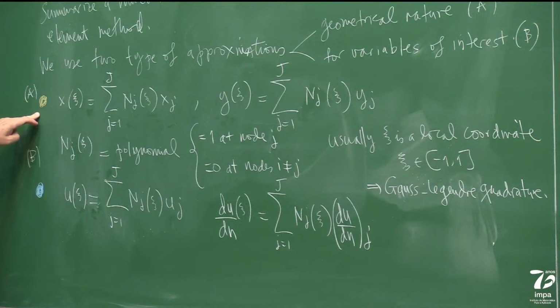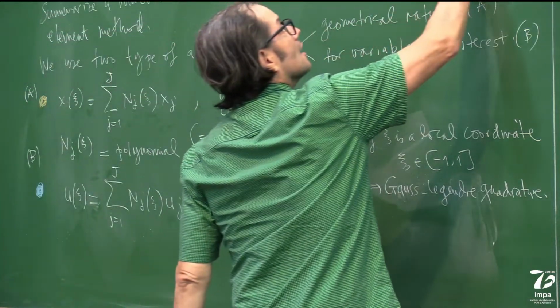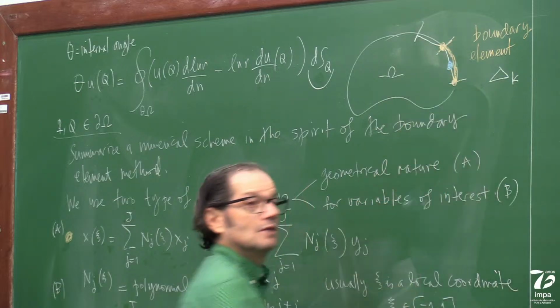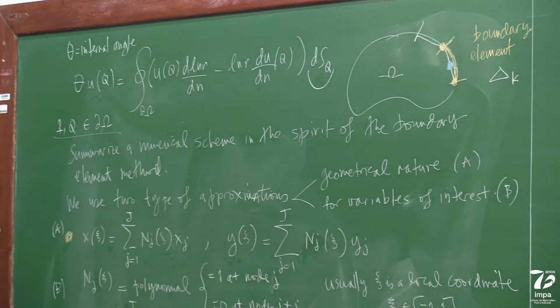So what am I saying? I am saying that basically for the geometry, I'm using two nodes, so I can do sort of a linear approximation of the boundary.